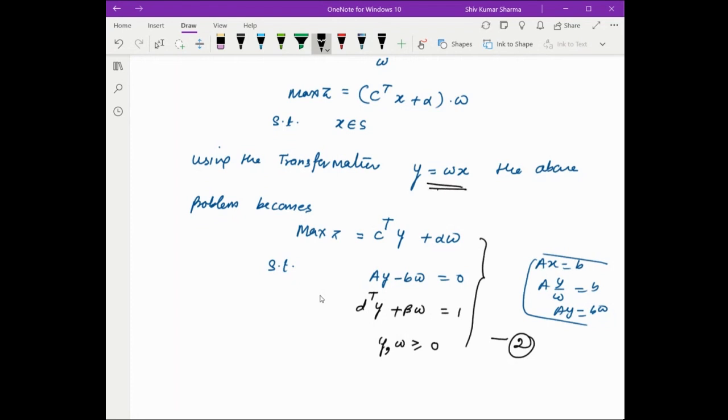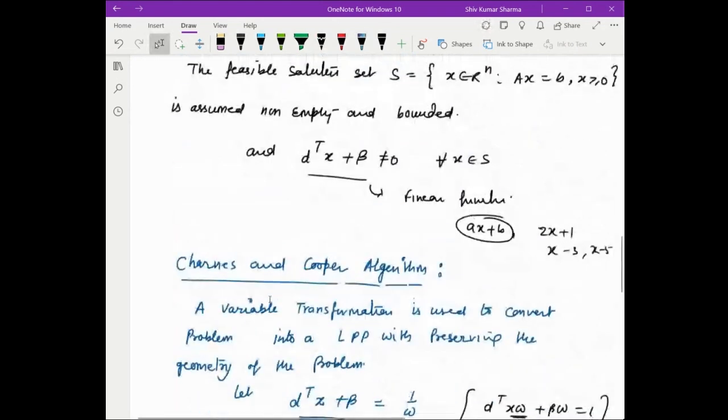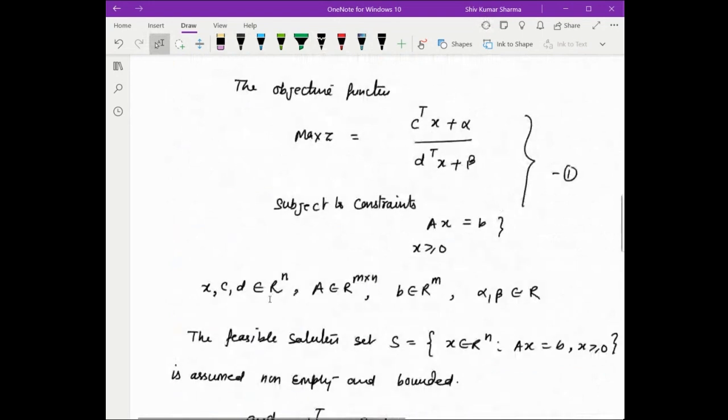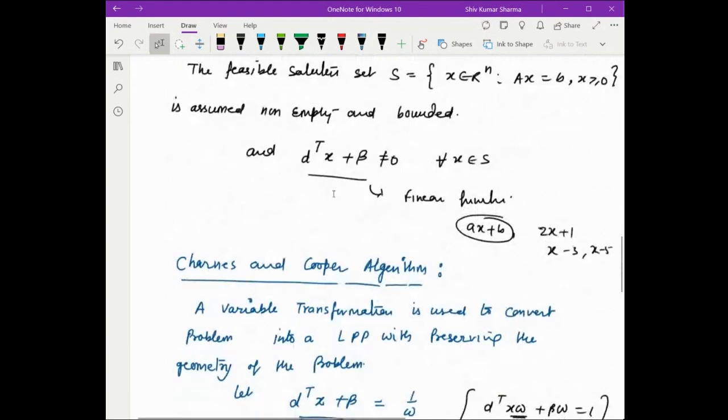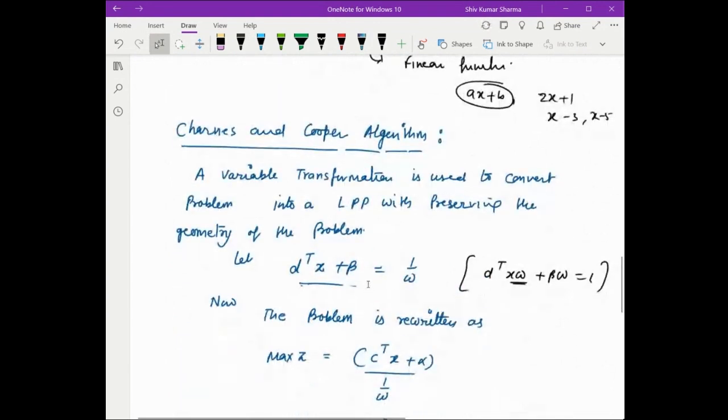After using the transformation, understand that this is our main problem. In this problem, we use the transformation. For the transformation, we take the denominator, which is not equal to 0, as 1 upon omega.